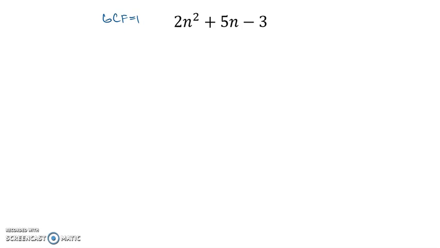Okay, this is where we're going to create that product sum puzzle so that we can see how we split it apart. So remember, we do 2 times negative 3 is the product, and then the middle term is our sum, right? So I need two numbers that multiply to negative 6 but also add to 5. If I do 6 and 1, that's 6, but I need negative 6 and I need positive 5.